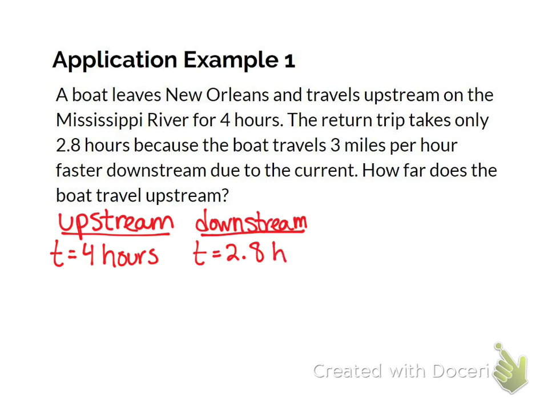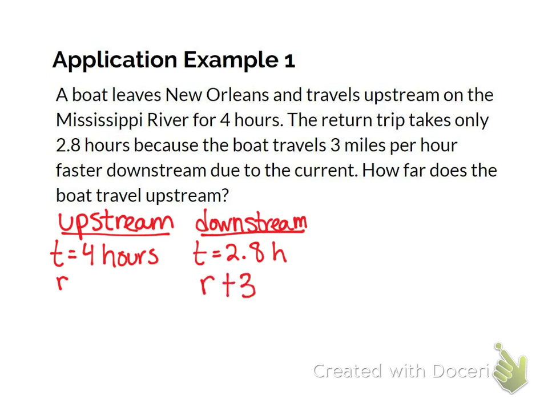Okay, what else do we know about it? We were going faster downstream. So if my rate here is R, and I don't know what it is, what would represent my rate going downstream? I'd take my rate and do what to it? If we're going 3 miles an hour faster, we would add 3 to it.